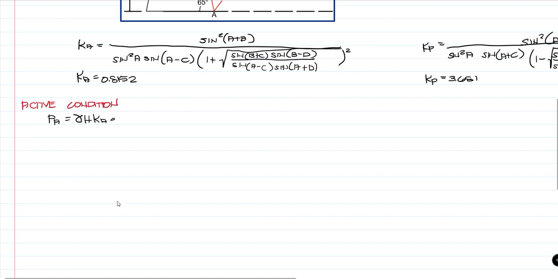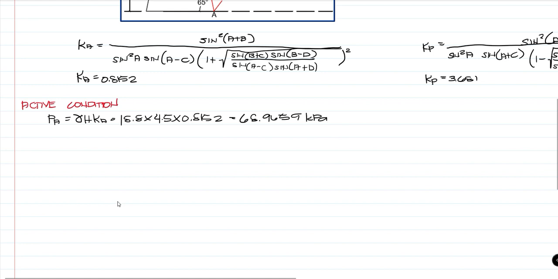So that is equal to 18.8 times the height 4.5 meters times the Ka, which is 0.8152. So our pressure will be equivalent to a value 68.9659. This value is in kilopascal.